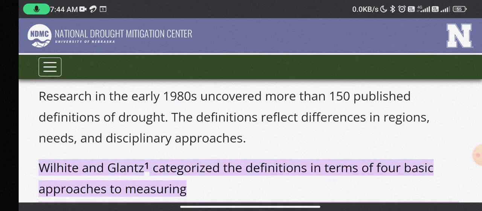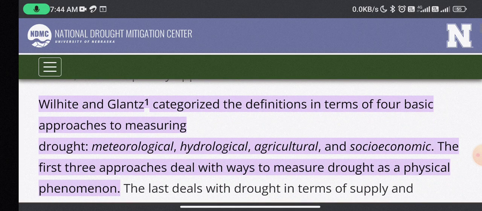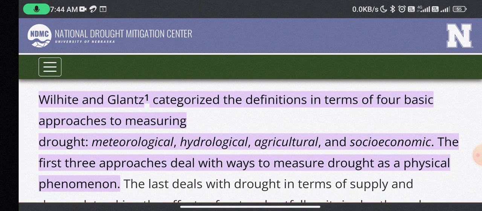Research in the early 1980s uncovered more than 150 published definitions of drought. The definitions reflect differences in regions, needs and disciplinary approaches. Wilhite and Glantz categorize the definitions in terms of four basic approaches to measuring drought: meteorological, hydrological, agricultural and socioeconomic.